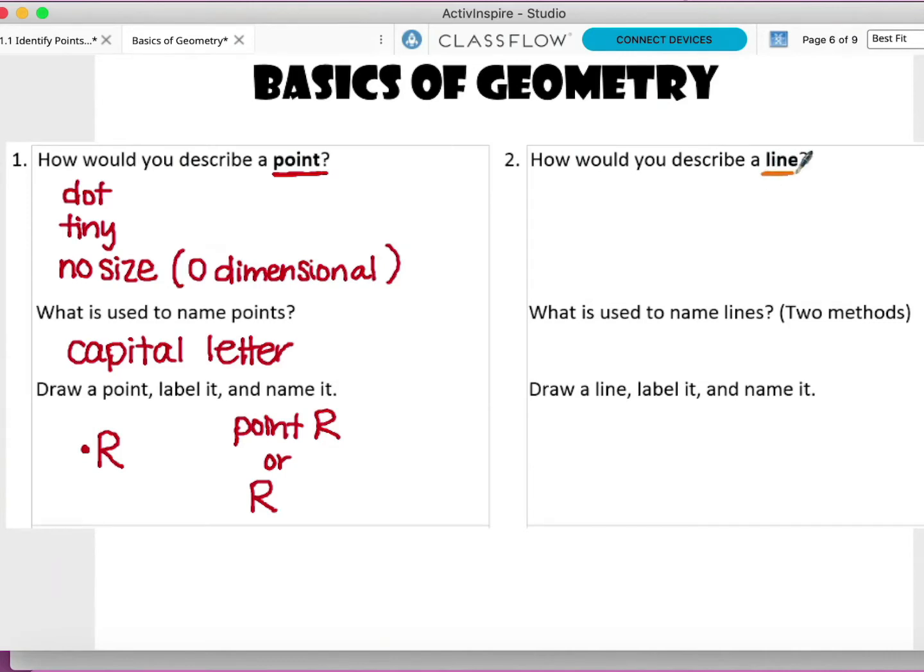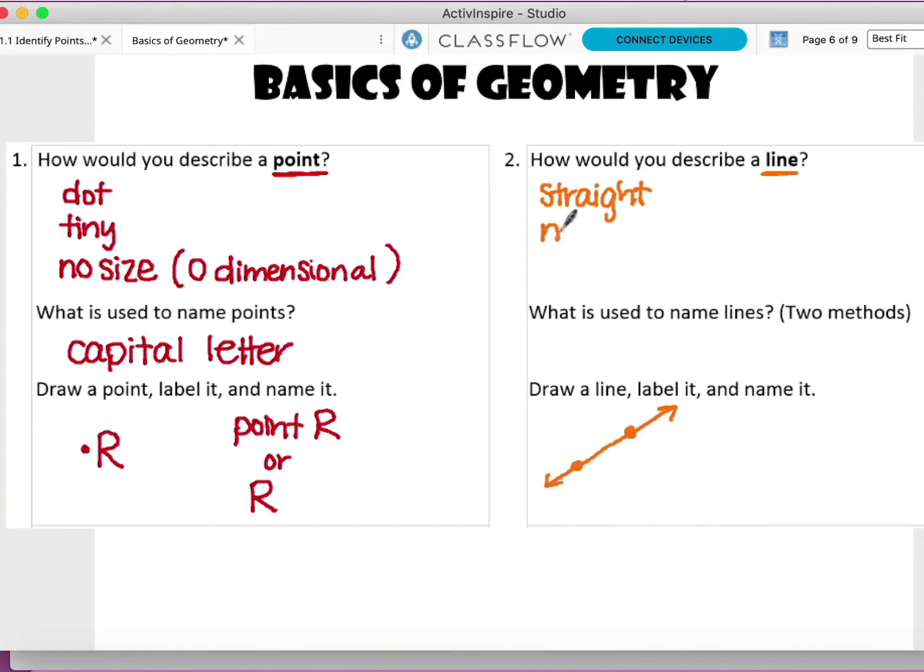Next is a line. You've graphed a ton of lines. Usually you would graph at least 2 points, 3 to be safe, but at least 2 points, and draw a nice straight line between those. And we know that lines are, first of all, straight. I really won't say straight line anymore because that's really what we understand a line to be.